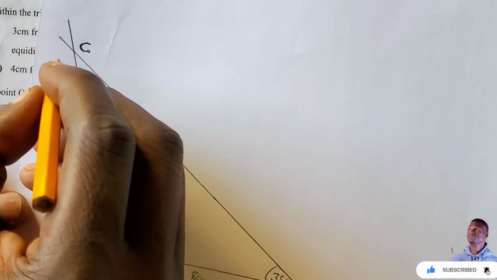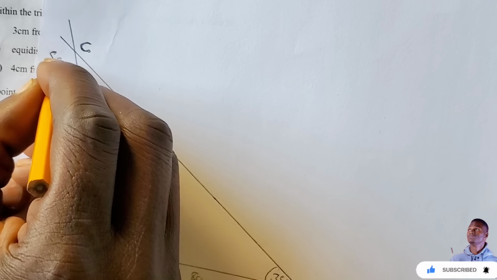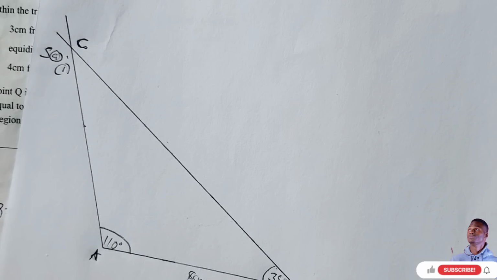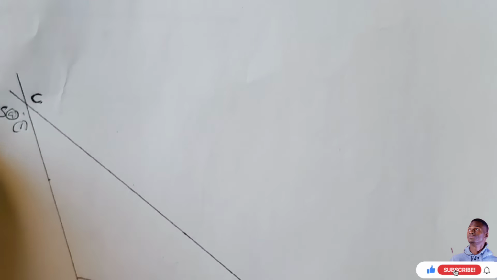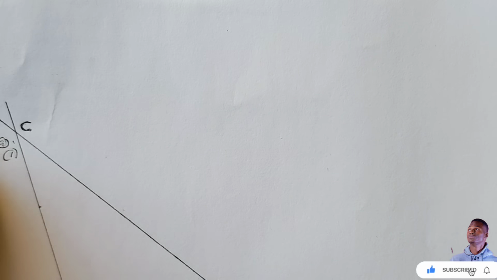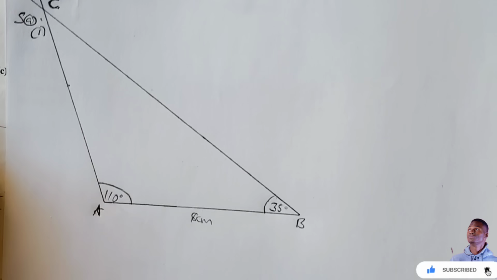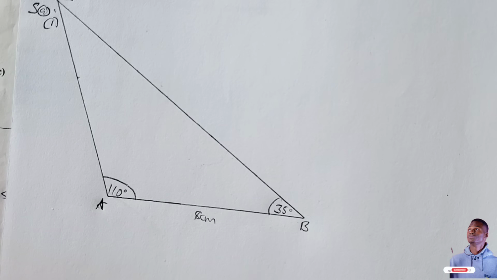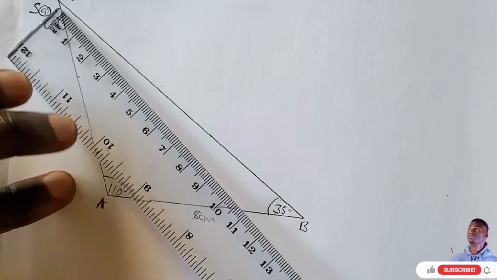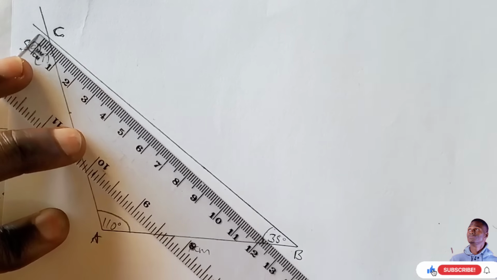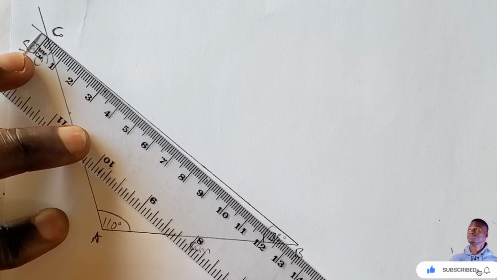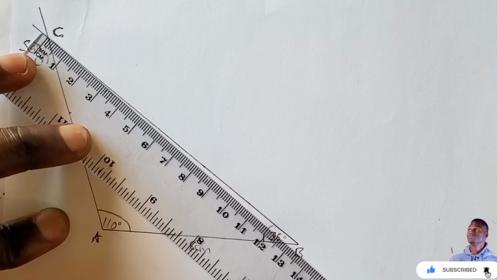So this is question 5A, Roman number 1. We have answered this one. Don't forget to write question numbers. Then to question 2, you're asked to measure and write the length BC. So you can start from anywhere, B or C. Let me start from C here.